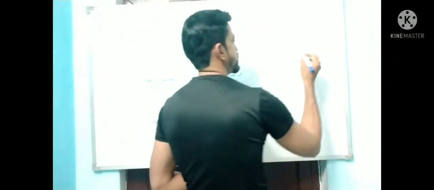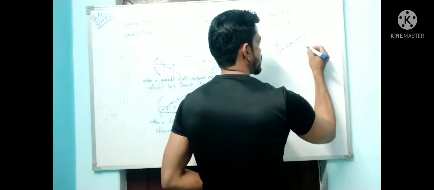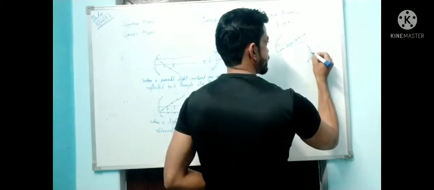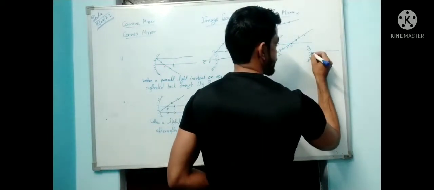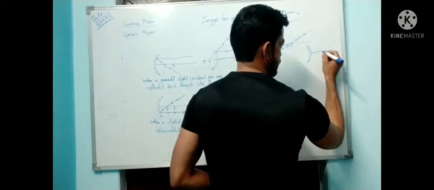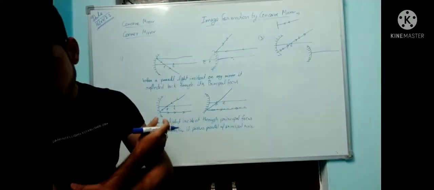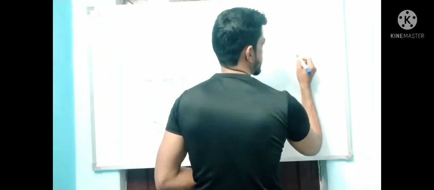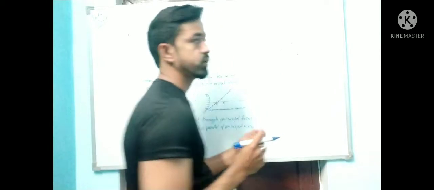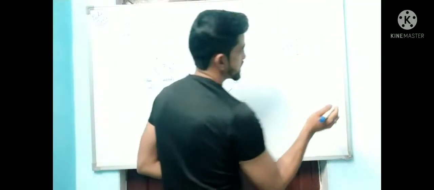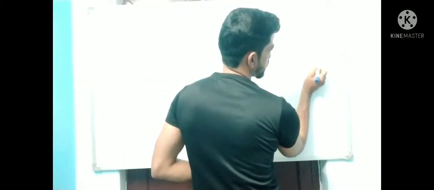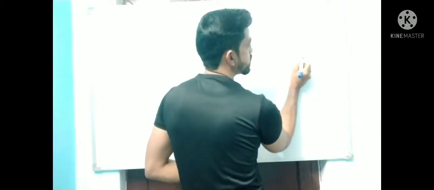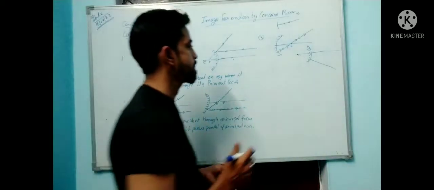So this is also applicable for the convex mirror, principal axis. Somewhere the center of curvature is here. So what happens if light strikes toward the center of curvature? We meet the line.